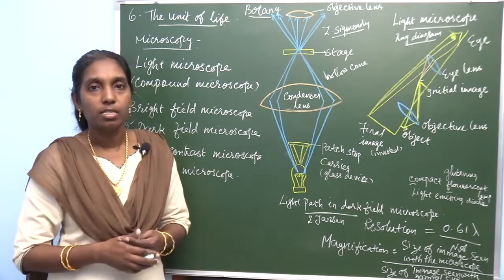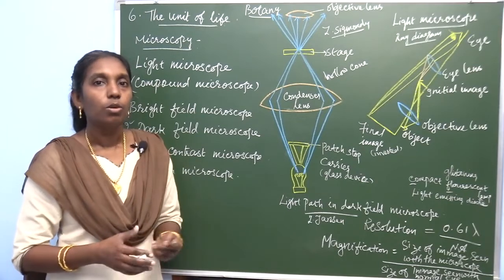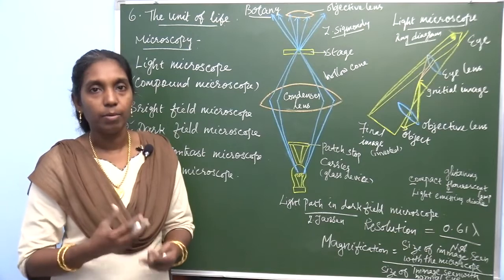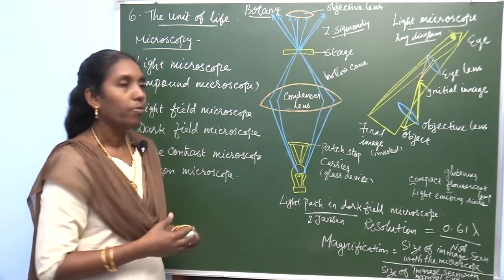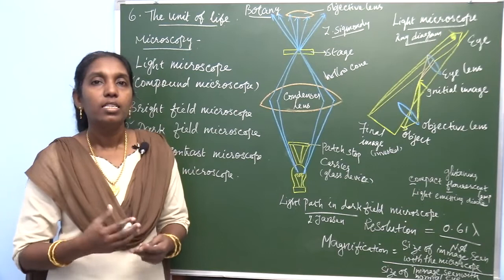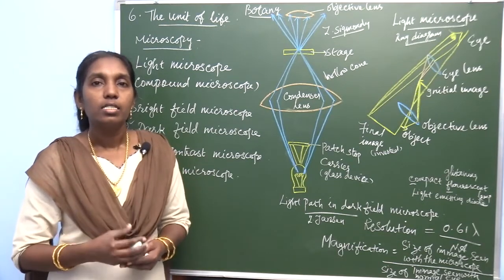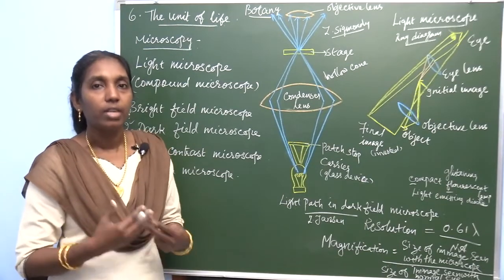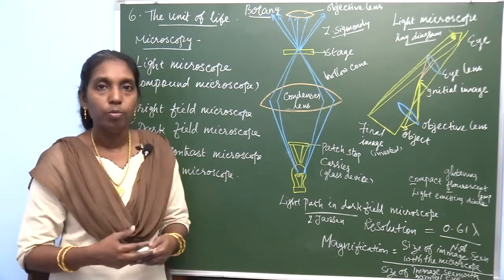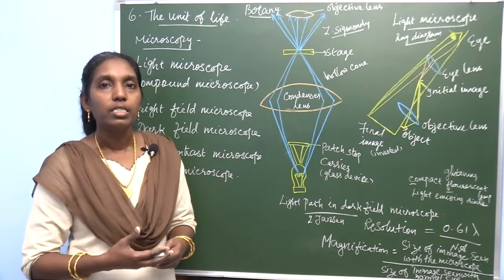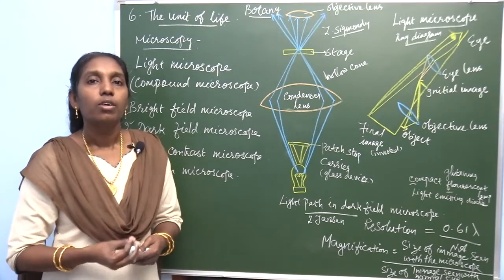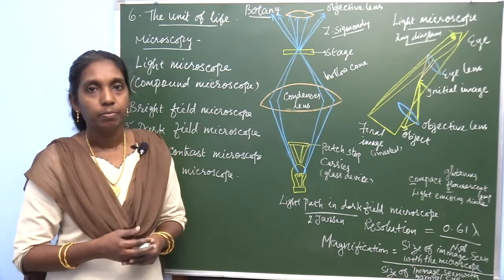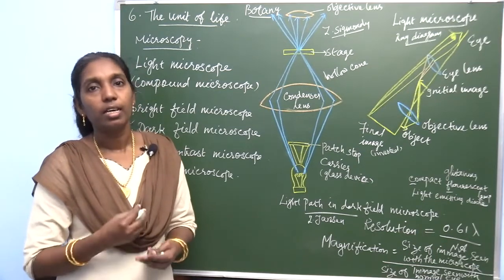So we use the microscope, which works on a lens system and magnifies the image. A number of lenses are used in the microscope to magnify the image, and that's why we can look at it easily. It is visible because it magnifies the image.